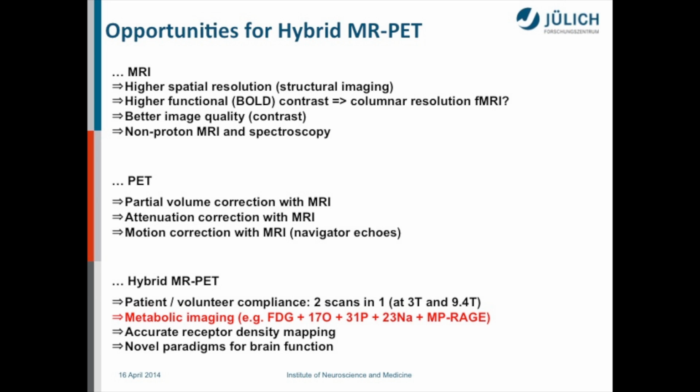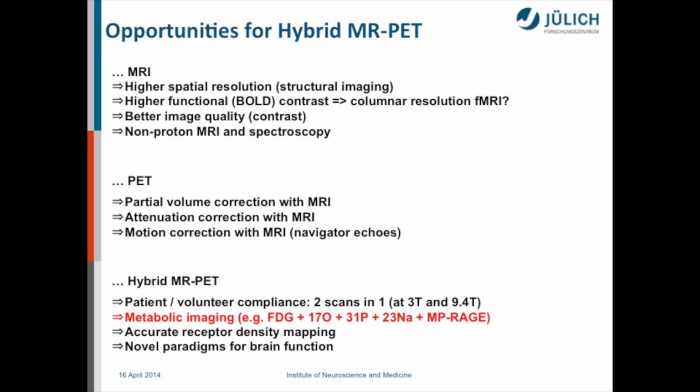Image quality: the contrast is simply richer, and I'd like to talk to you a little bit about these areas in a moment. PET, well, there are a whole host of things that PET can benefit from simply because MRI is there, providing things like motion correction, navigator echoes, attenuation correction, partial volume correction, and a whole host of other things.